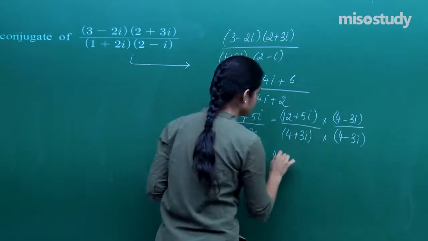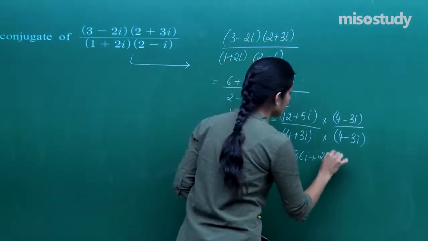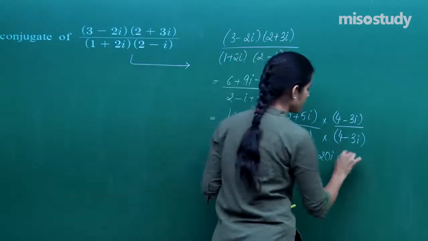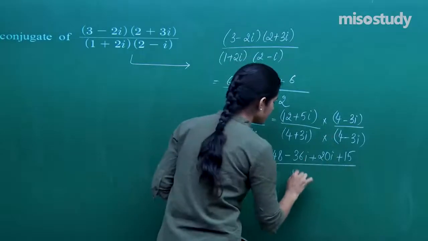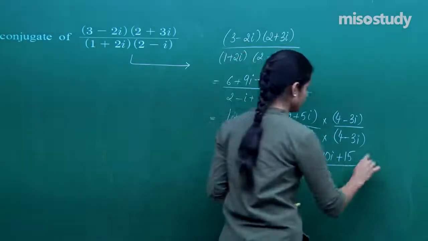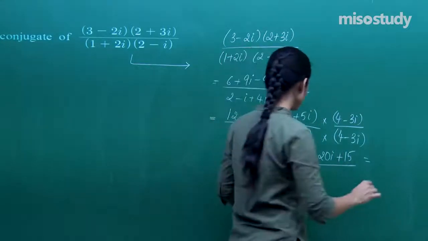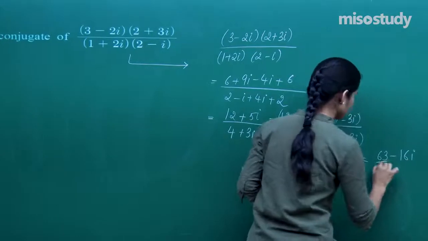12 into 4 is 48, minus 36i plus 20i minus 15i square. In the denominator, (a plus b)(a minus b) is a square minus b square. 48 plus 15 gives you 63, minus 16i, upon 25.